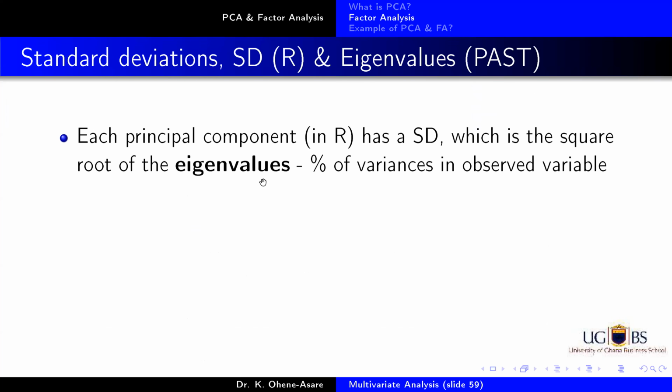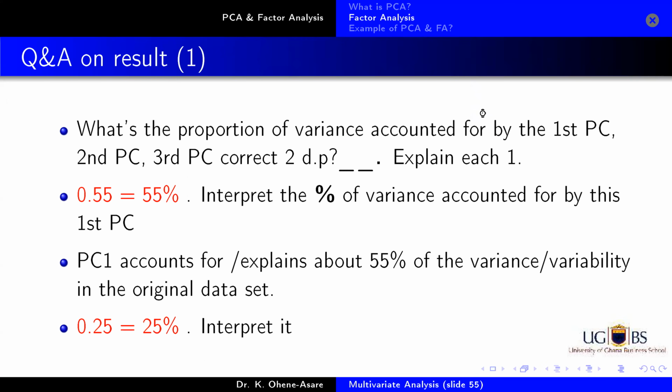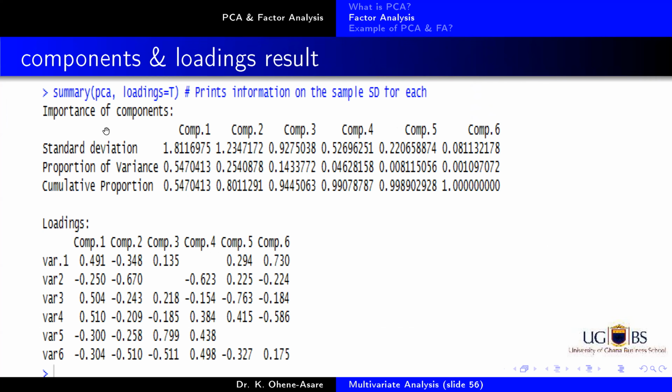Now, it's not shown here, but every principal component has a standard deviation. Well, that one is shown here. Let me take you back to this. Every principal component has a standard deviation. We've spoken about the proportion and the cumulative proportion, but every one of them has got a standard deviation.